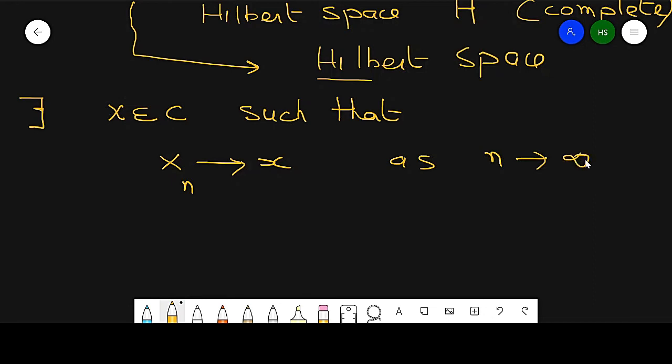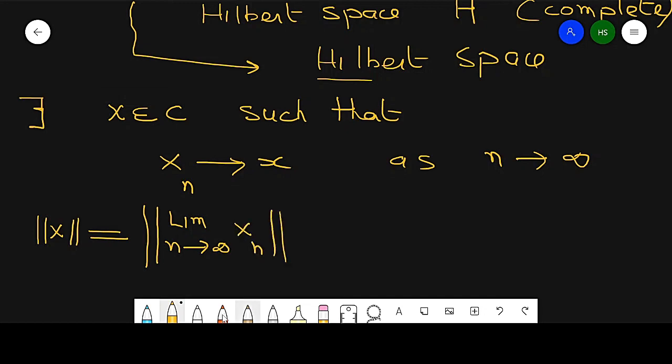So it implies, since the norm is continuous, the norm of x can be written as the norm of the limit as n approaches infinity of xn. Since the norm is continuous, the limit can be taken outside.